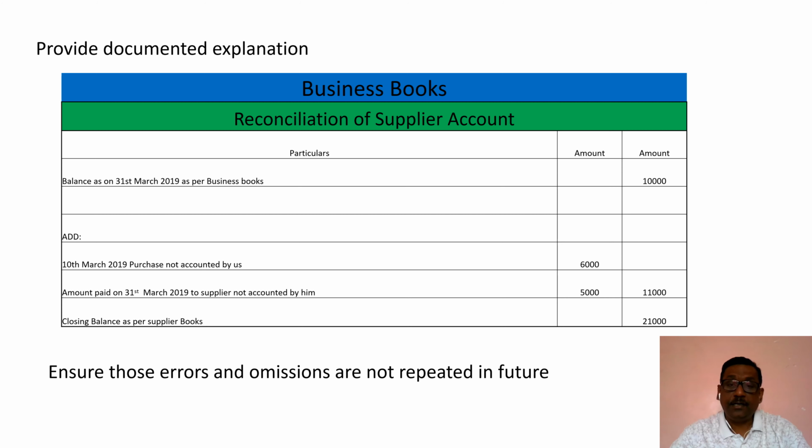As an accountant, it doesn't mean that I just prepare the reconciliation and keep quiet. Once I prepare the reconciliation, I also need to make sure that whatever omissions or errors are there between the books are not repeated in the future. This is what reconciliation is about.